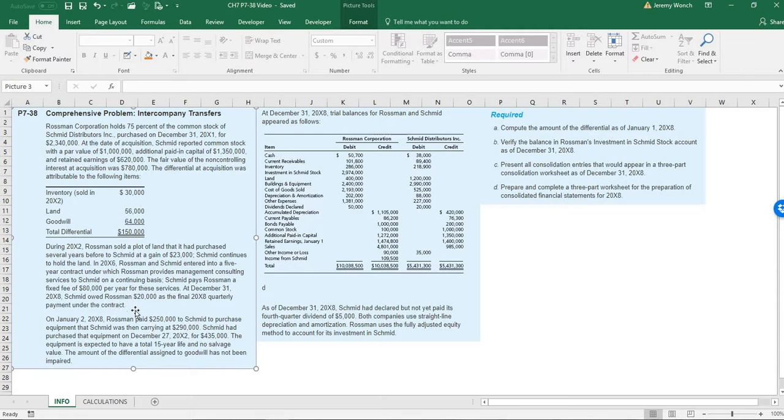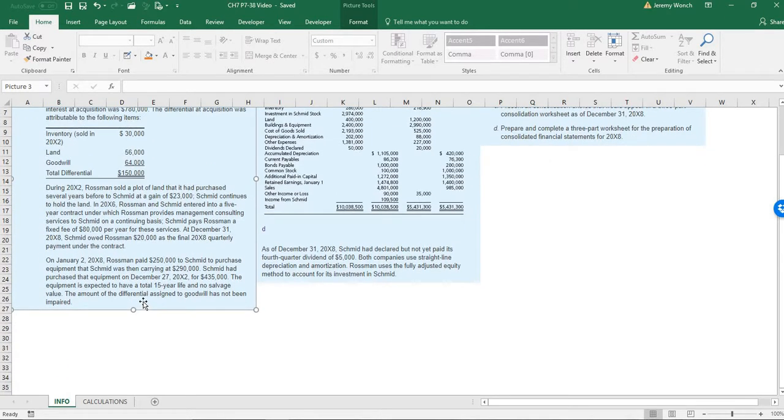And then we have some more intercompany transactions for $20,000 here. There was also, on the first of the year, the parent paid $250,000 to purchase equipment from the subsidiary for $290,000, and it gives us the subsidiary's, I guess that's what they paid for it.